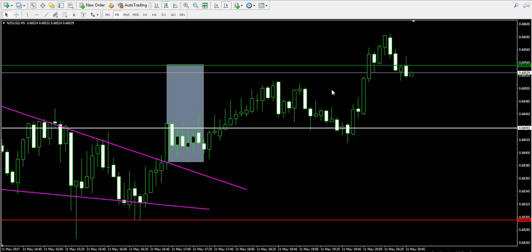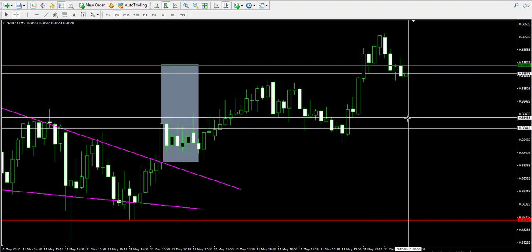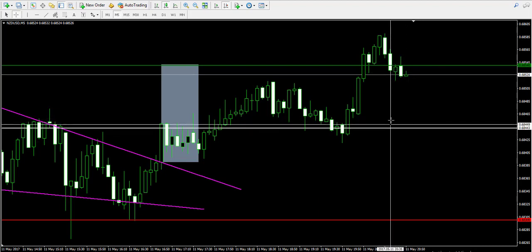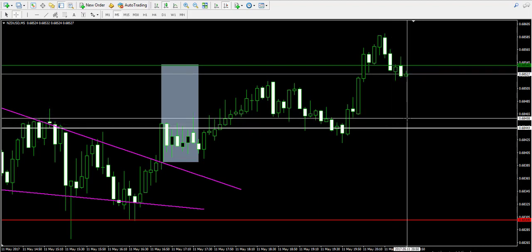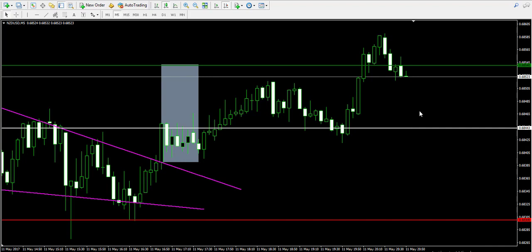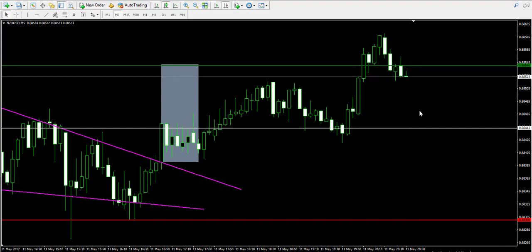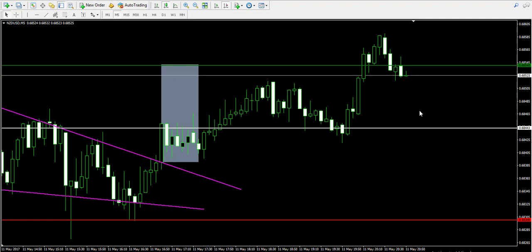So now I'm going to do the calculation in order to determine the percentage profit from this trade. I entered at 0.6844 and I traded to 0.6854, which is 10 pips profit in this trade, which equals 0.001 from the current exchange rate of the New Zealand dollar American dollar forex pair.